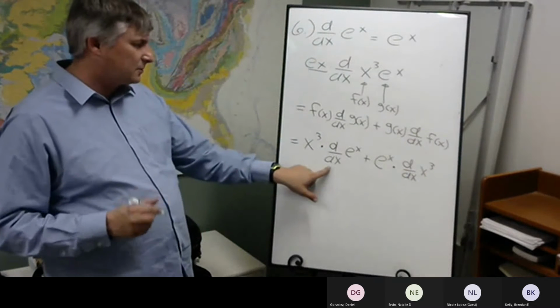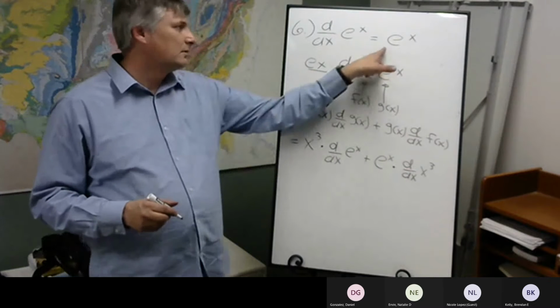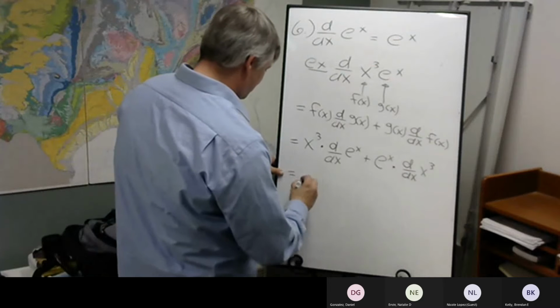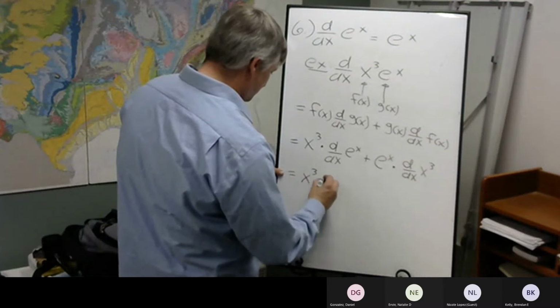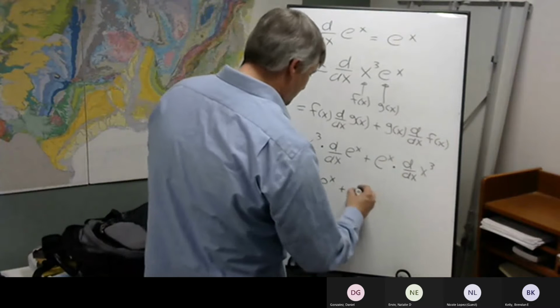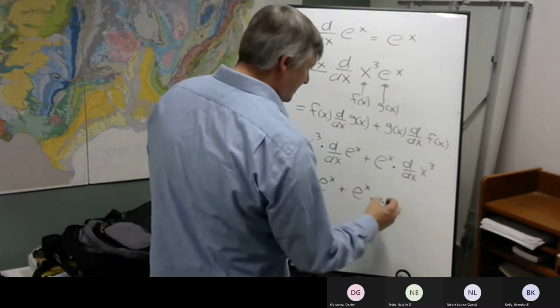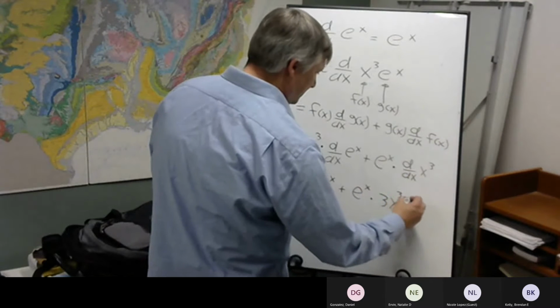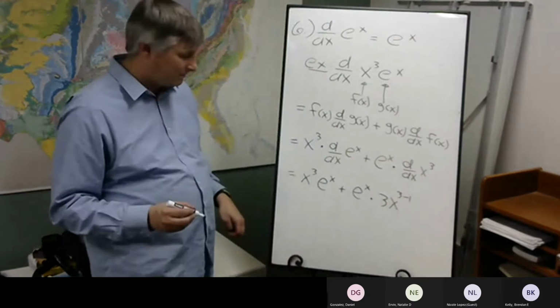So the derivative of e to the x is just e to the x. And then this will be e to the x times 3x to the 3 minus 1.